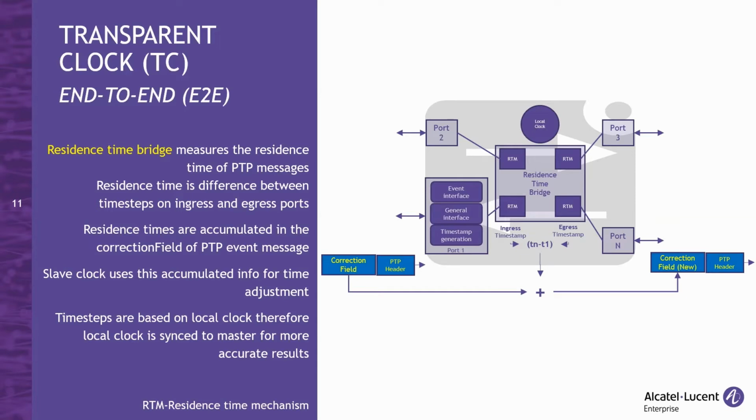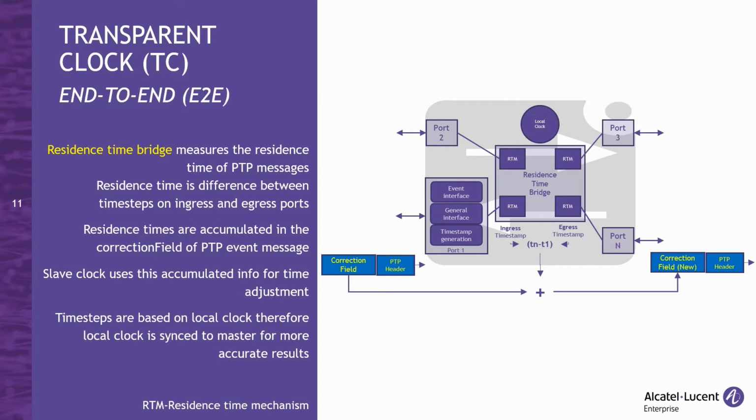Updates related to this residence time are accumulated in a specific field of the event message called the correction field. Updates are accumulated as there could be more transparent clocks on the direct path between master and slave clock. So once this message arrives at a slave clock, it will contain the accumulated residence time of all transparent clocks on the path.